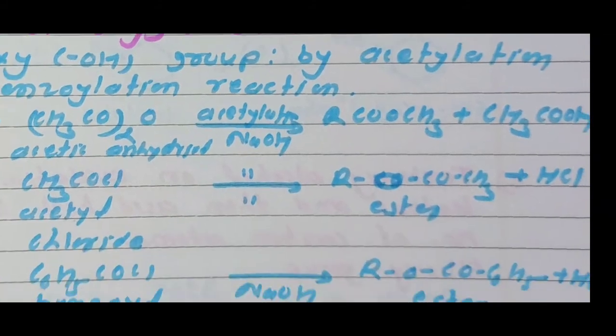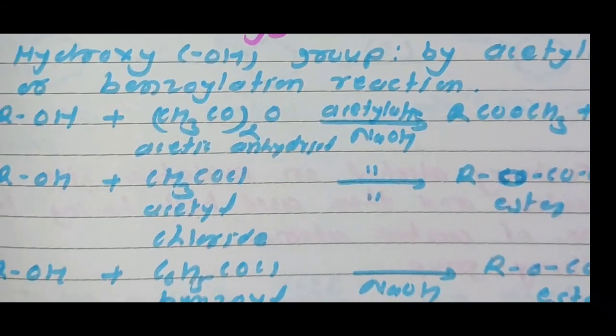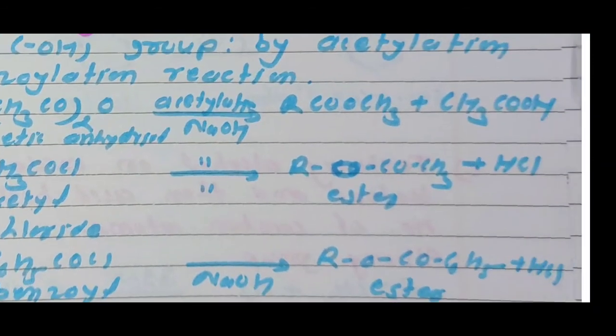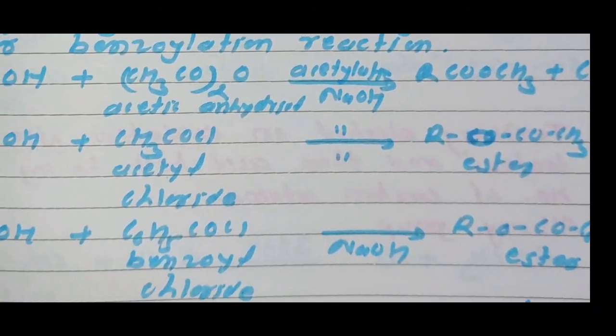Then second reaction, here ROH plus CH3COCl, instead of acetic anhydride for acetylation we use acetyl chloride, and when ROH reacts with CH3COCl, here formation of RCOOCH3, that is formation of ester by releasing one molecule of HCl.